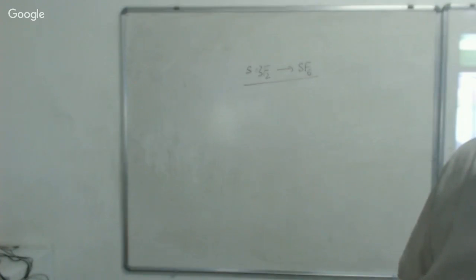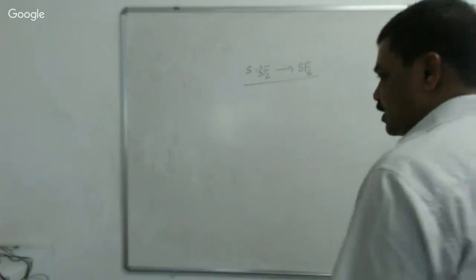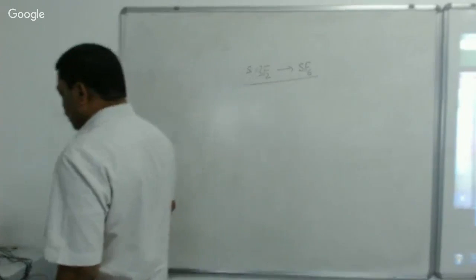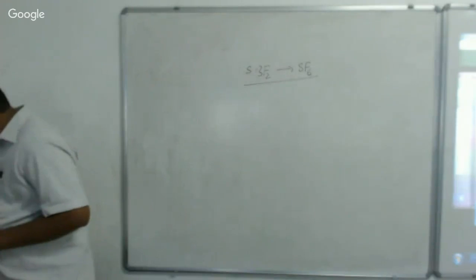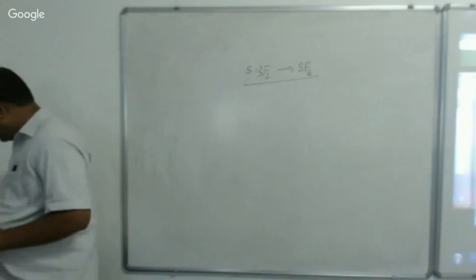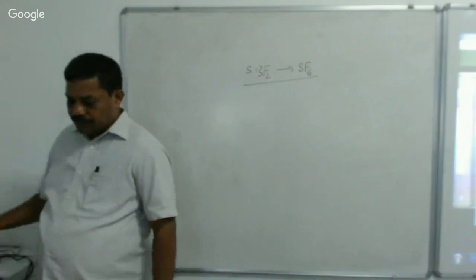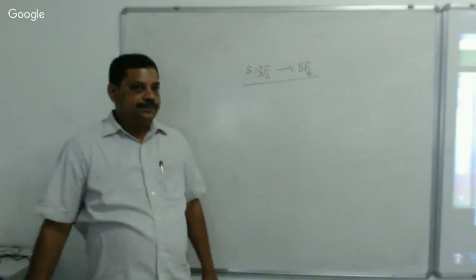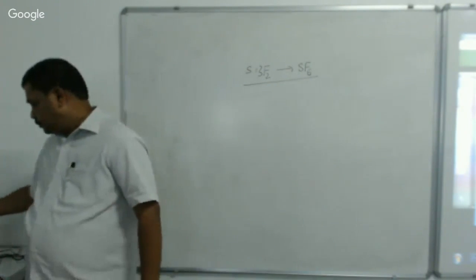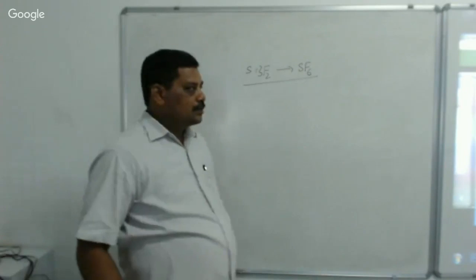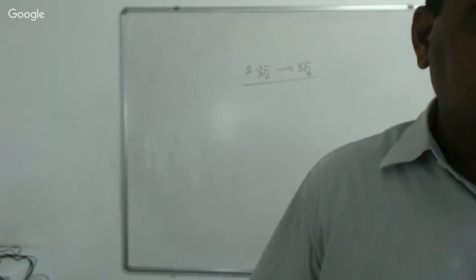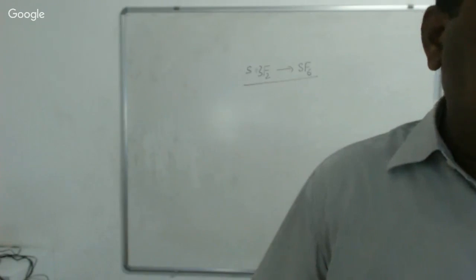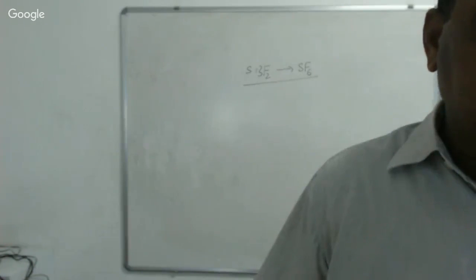Why does SF6 not undergo hydrolysis? For this, the answer is whenever fluorine connects to any atom, it forms strong covalent bonds.